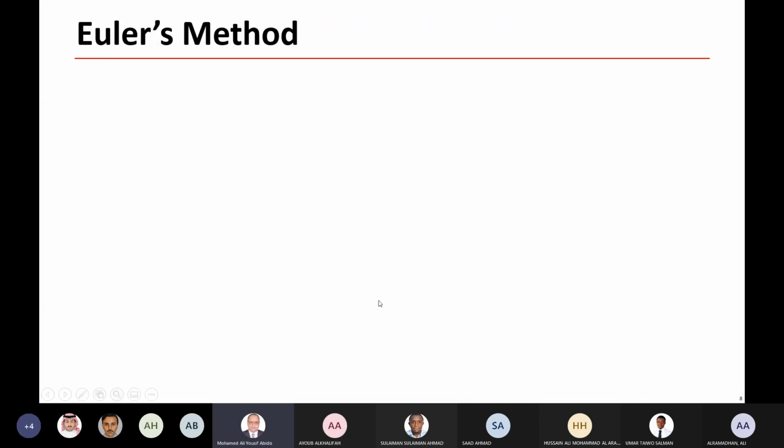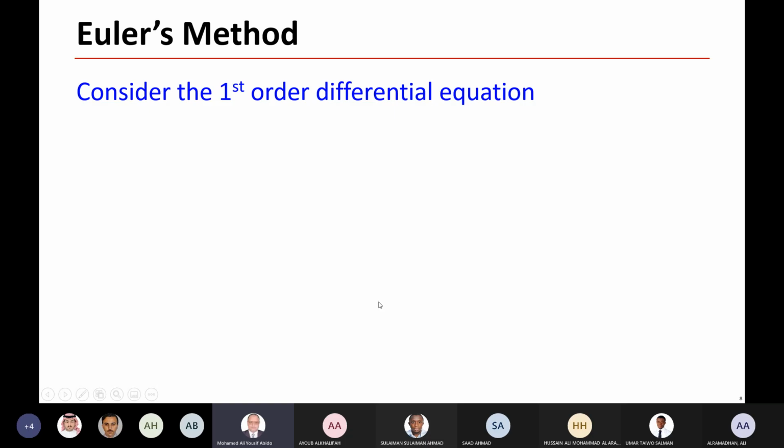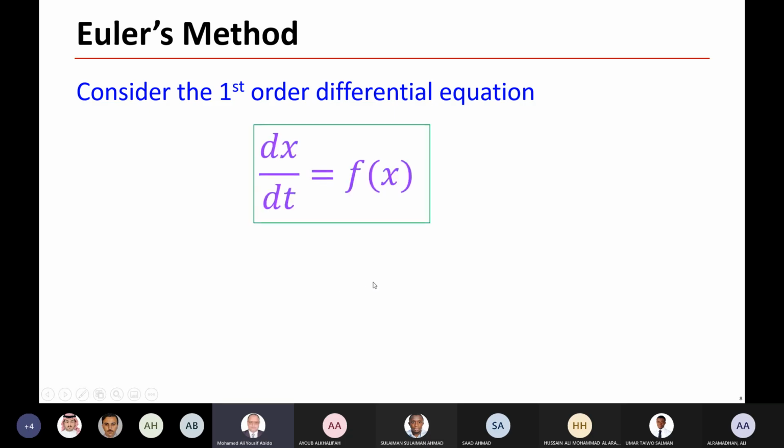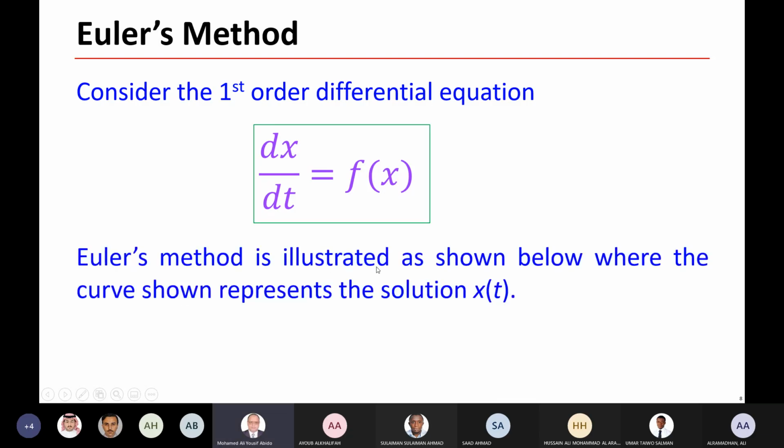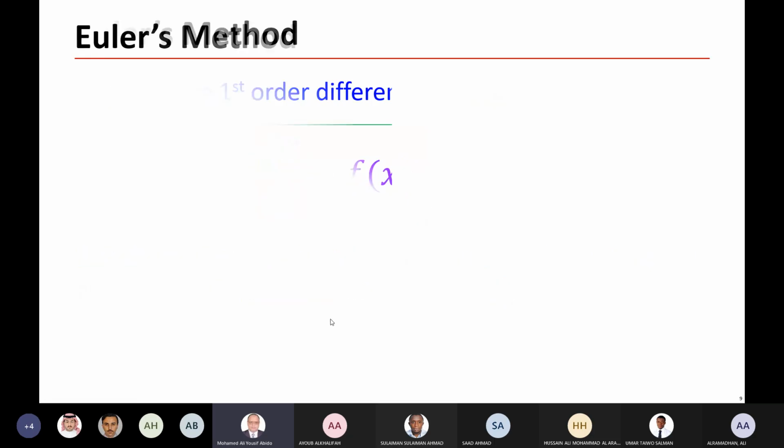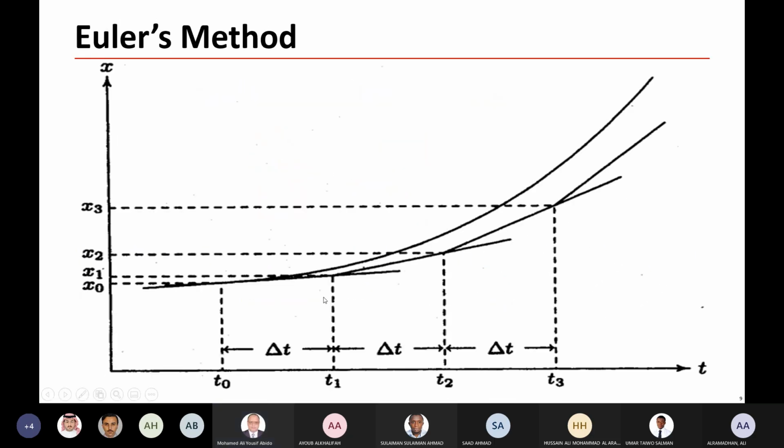The Euler method, which is the simplest method, considers the first order differential equation dx over dt equal f of x. Very simple. And the Euler method is illustrated as shown below, where the curve shown represents the solution x of t. Here you have a function. This is the x of t.